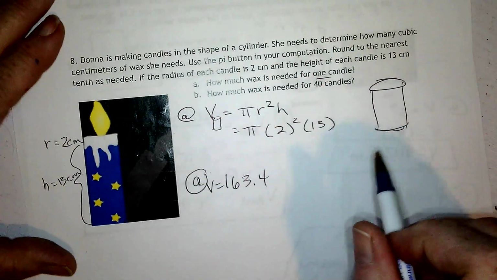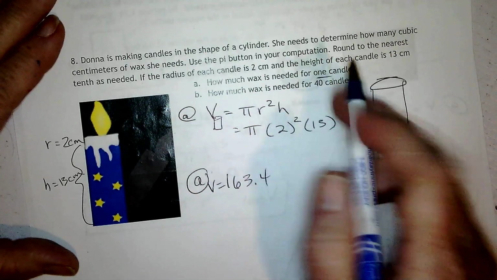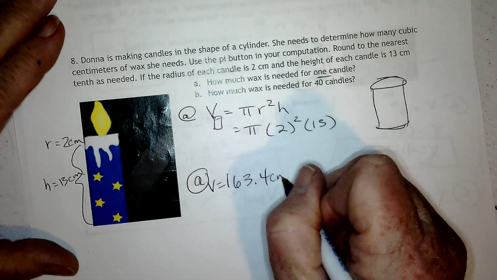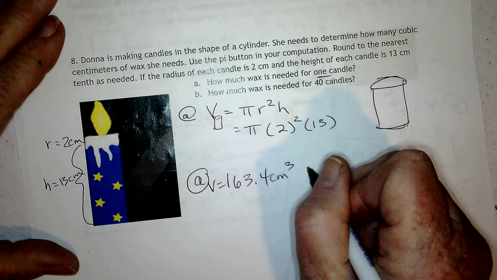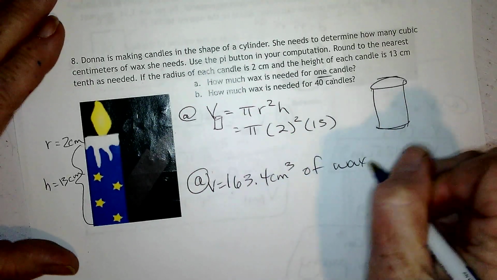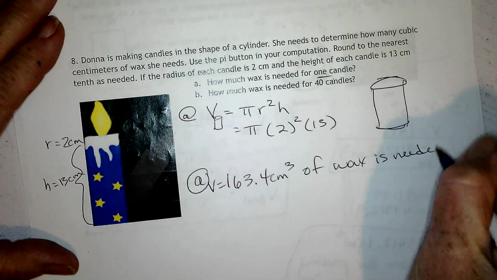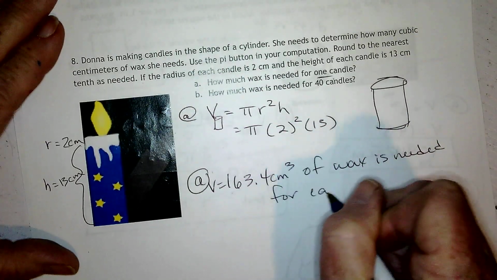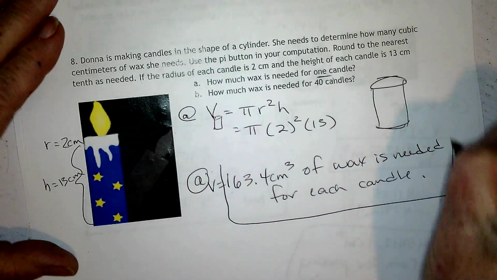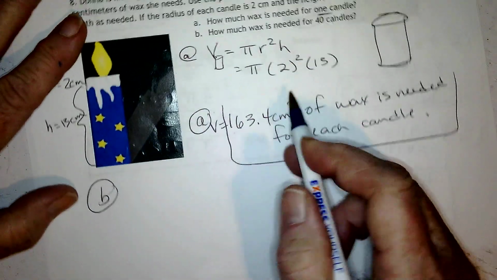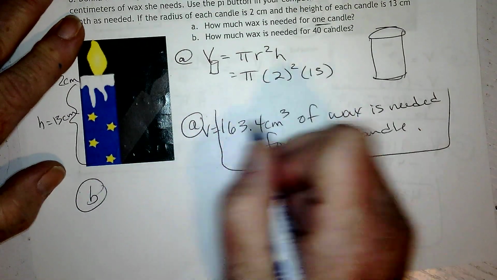Now, I need a sentence for this. How much wax is needed for one candle? This is centimeters cubed. So 163.4 centimeters cubed of wax is needed for each candle. B is how much wax is needed for 40 candles.